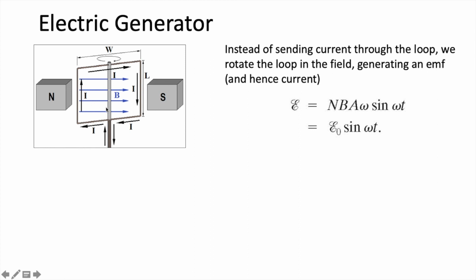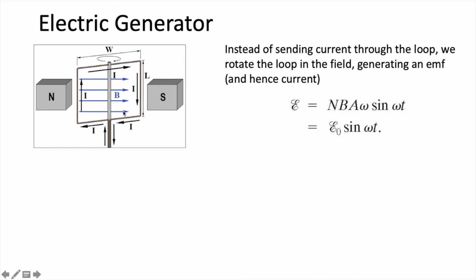Now for the flux: when the coil is parallel with the magnetic field, there is no flux, because no magnetic field lines are passing through the loop. So there is zero flux when they are parallel. When the field line is going from left to right and the coil is out of the page and into the page, there will be maximum magnetic flux passing through the loop.